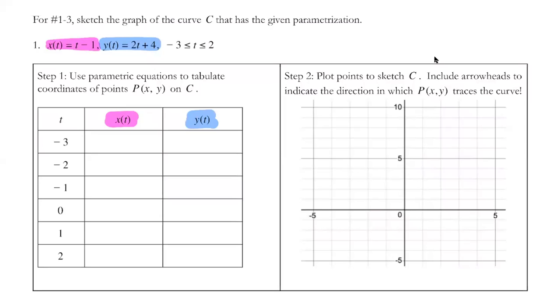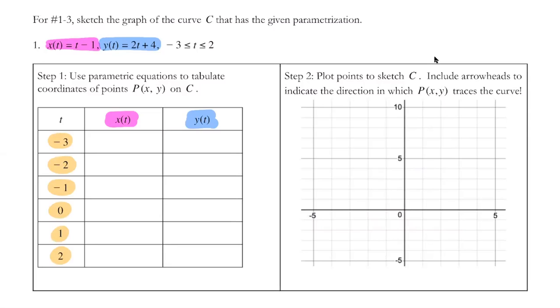All right. So what values are we going to plug in? We're going to plug in a -3. We're going to plug in a -2, a -1, a 0, a 1, and a 2. All right. Where am I getting these values from?